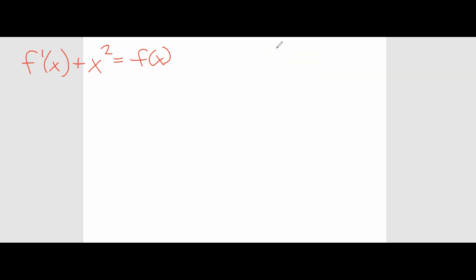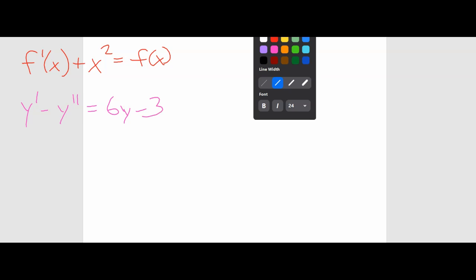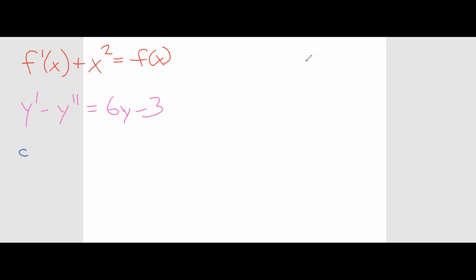I could have something like y prime minus y double prime is equal to 6y minus 3. I could have dy/dx minus x is equal to 4y.